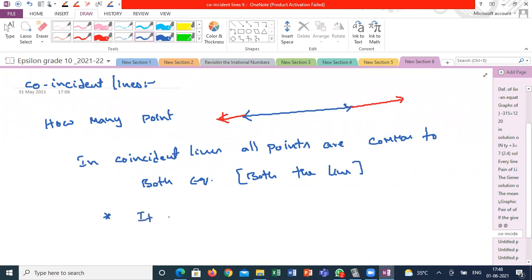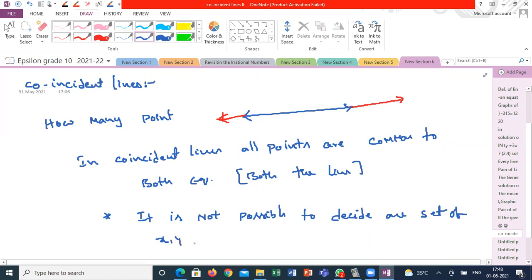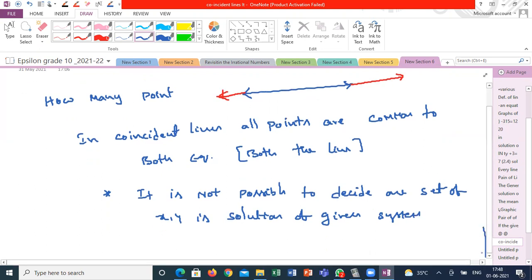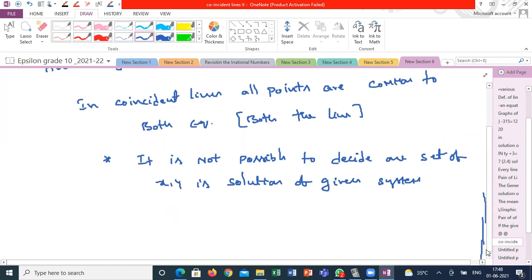It is not possible to decide one set of x, y as the solution of the given system. We have to say all the points are solutions to the given system, correct? Then only it is satisfying the given situation graphically, correct?